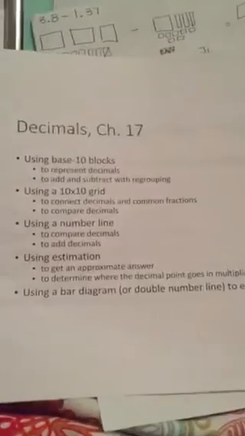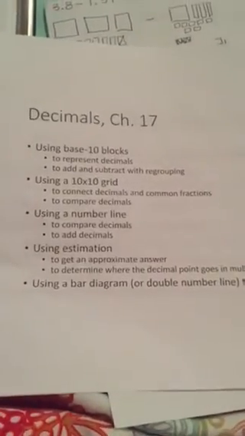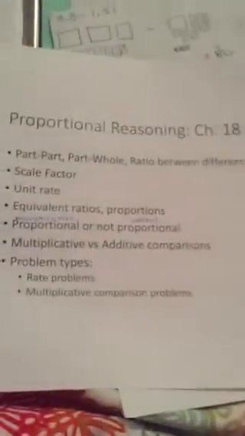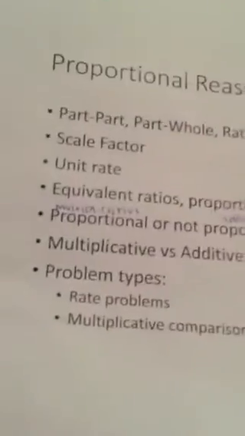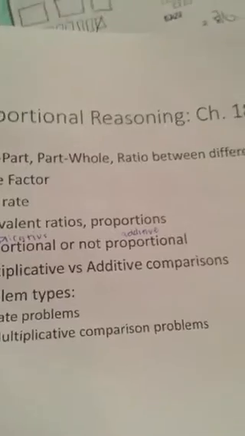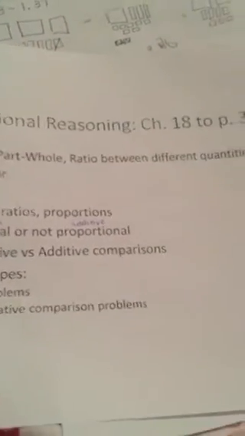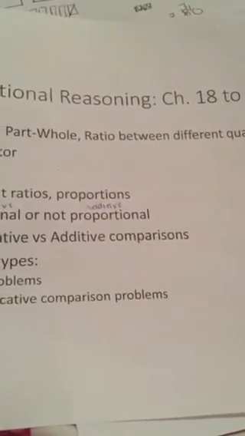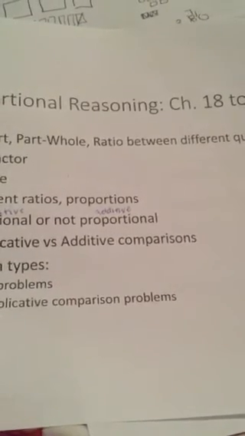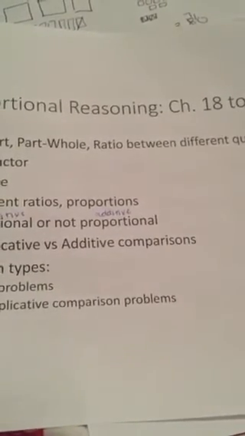And this just explains how to use the base 10 blocks and the grid, the number line and estimation, and the proportional reasoning, and how proportional is multiplicative and non-proportional is additive. So proportional in a way that 10 to 20 is equivalent to 20 to 40.